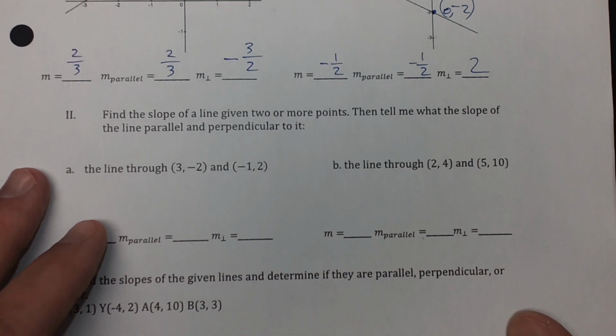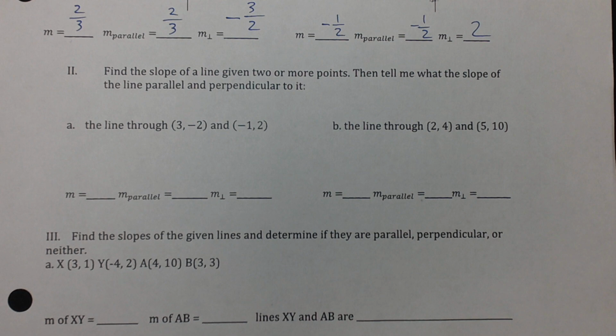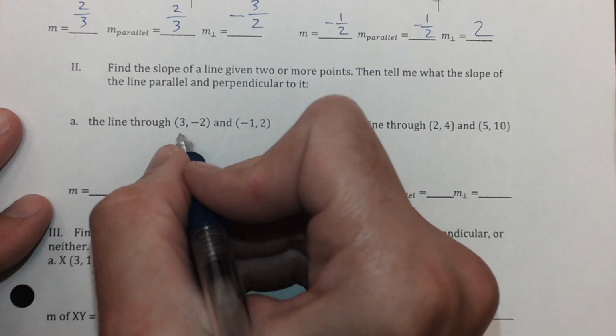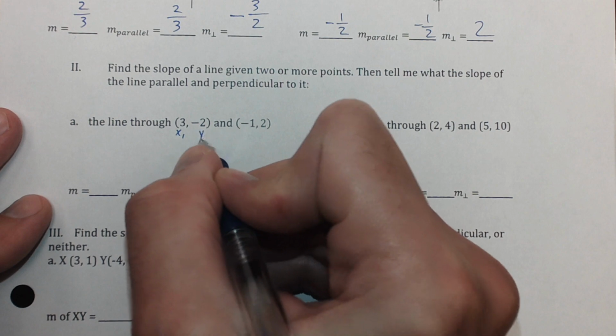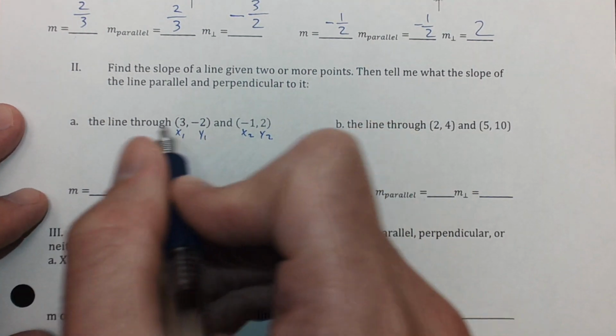Okay, let's go on to the next section. Find the slope of a line between 2 points. Then decide what the slope of the parallel line is and the perpendicular line. So it's going to be about the same, but we don't have the graph this time. So again, I'm going to say x1, y1, x2, y2. Determine your slope.